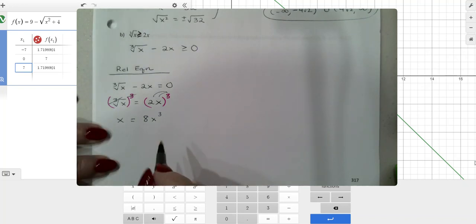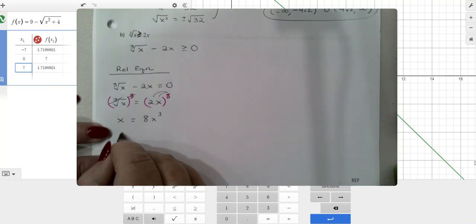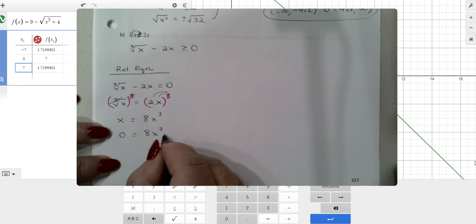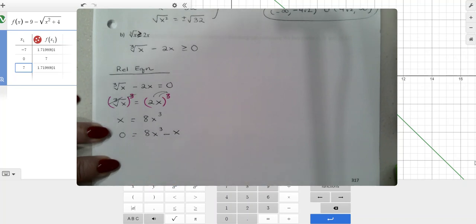All right, let's see. To solve this polynomial equation, I want to get that equal to 0, so I'm going to subtract the x. I can factor out an x. Leaves me 8x squared minus 1.